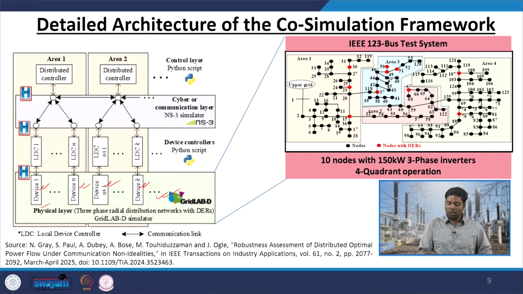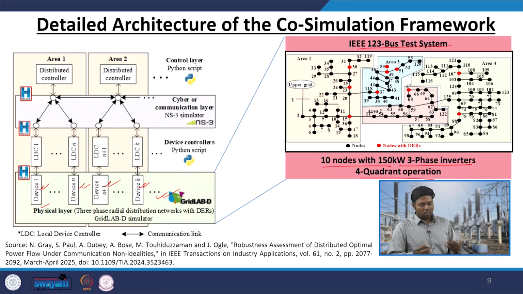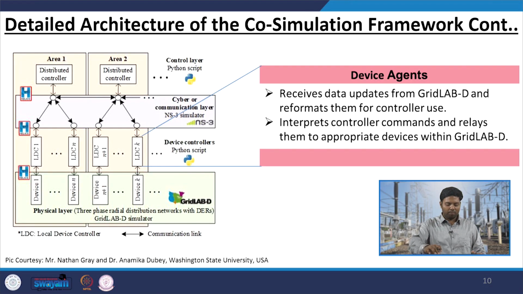There we are modeling an IEEE 123 bus system segregated into 4 areas, 10 nodes, 150 kilowatt 3 phase inverters for 4 quadrant operation. We have already done this example in our OPF. Now, we are implementing the same example in our cyber physical co-simulation platform.